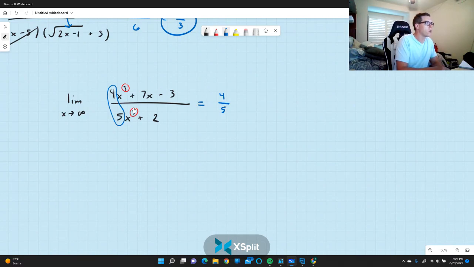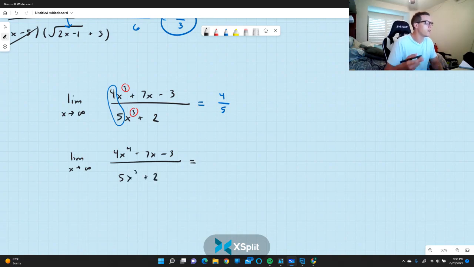What about if the powers don't equal? Well, let's say that the power is bigger in the numerator. So 4x to the 4th plus 7x minus 3 all over 5x cubed plus 2. That means the limit is either infinity or negative infinity because you have a bigger power in the numerator. So it's always going to either be this or this.